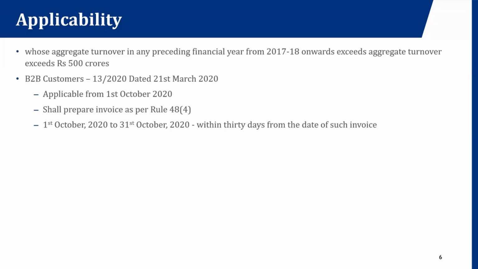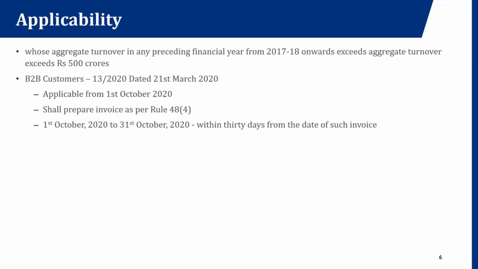From 1st October 2020 to 31st October 2020, they had given a relaxation of 30 days from the date of such invoice. We can generate it anytime within 30 days. This was the first month of implementation of e-invoice, so they gave this relaxation, but it is still 30 days from the date of invoice.